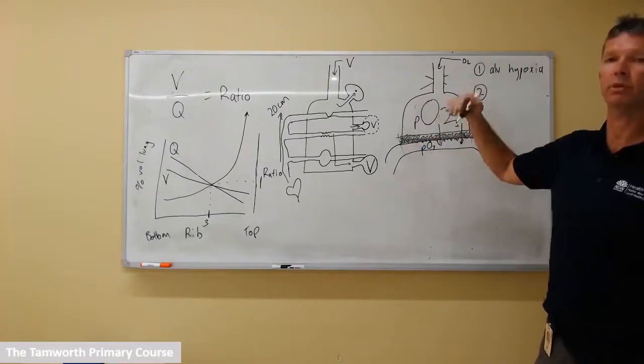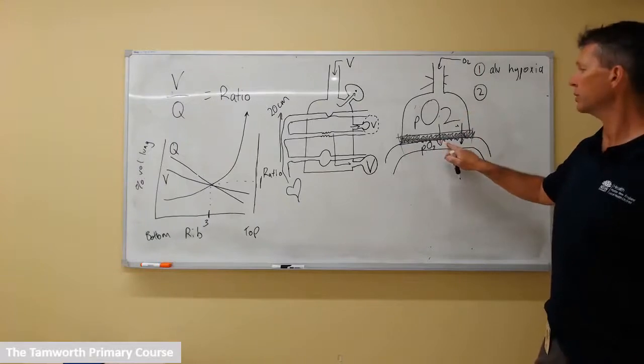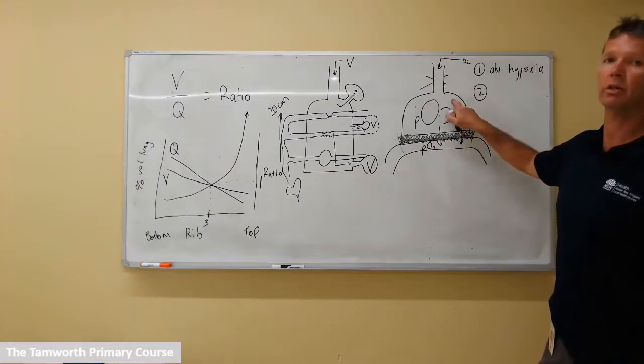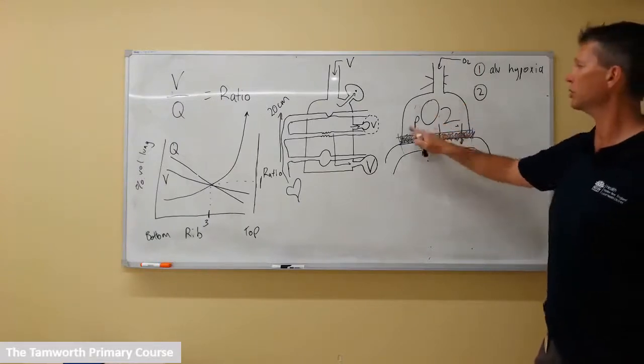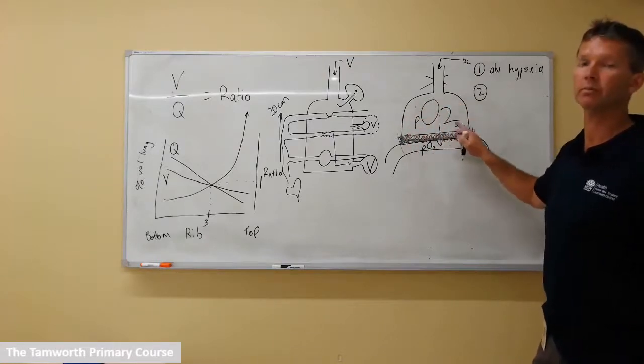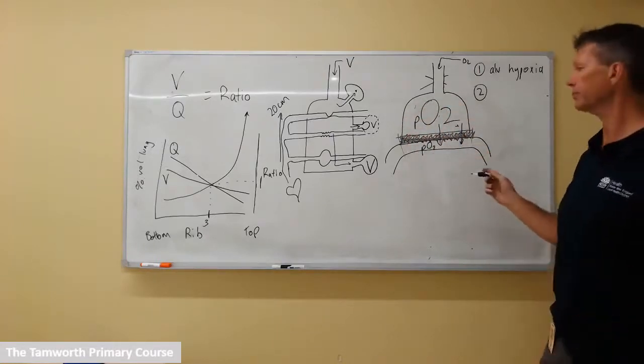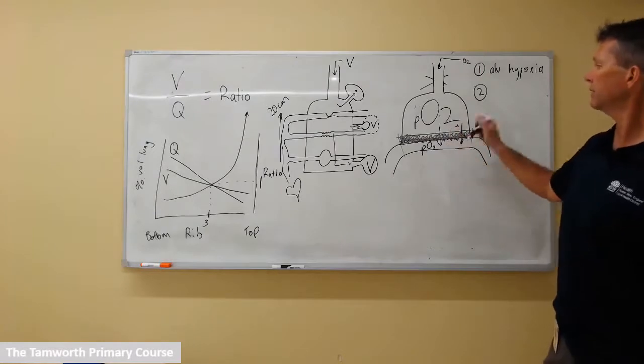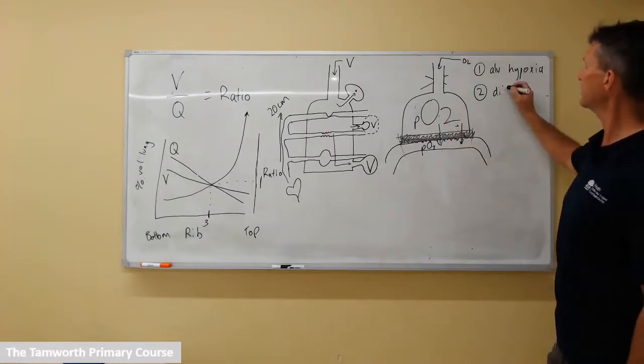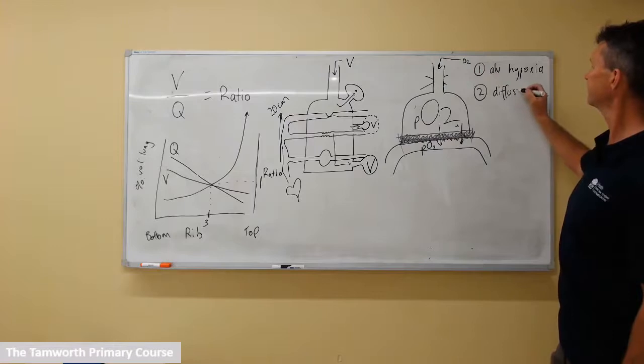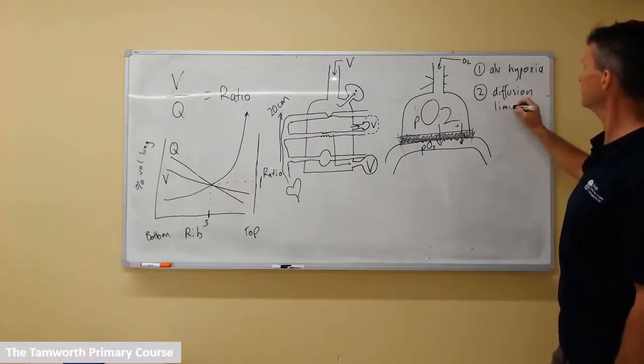That's the numerator on Fick's law. So we've been able to improve the PO2 by increasing the FiO2, or the proportion of oxygen sitting in the alveolus, by breathing pure oxygen. But this is an example of diffusion limitation. And that's the second mechanism.